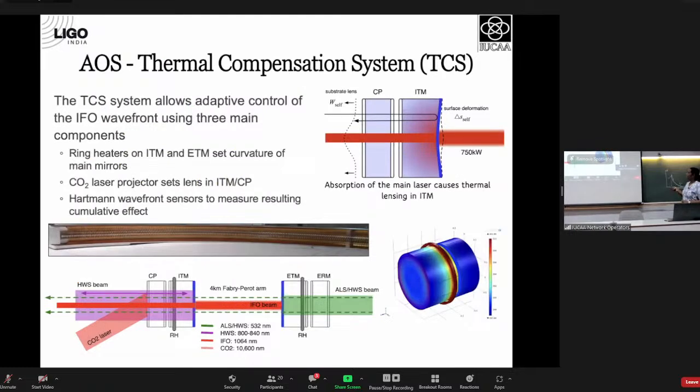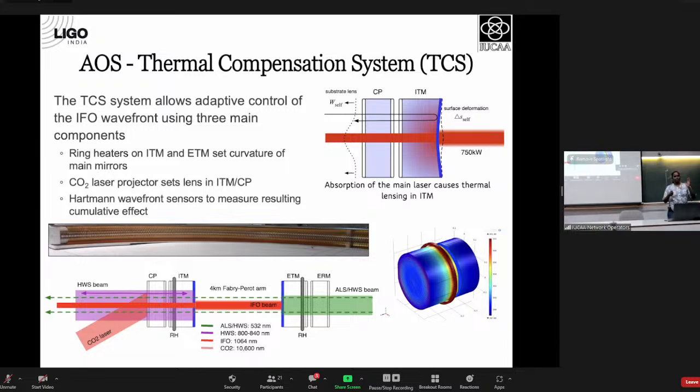Then we have the thermal compensation system. So you saw behind the ear there is another mass in here. And this is what it does. You have lots of light going in and accumulating, right? As there is power buildup, there's heating that happens. And when there's heating, structure warps. The curvature of the mirrors that these were designed for changes as you build up power.